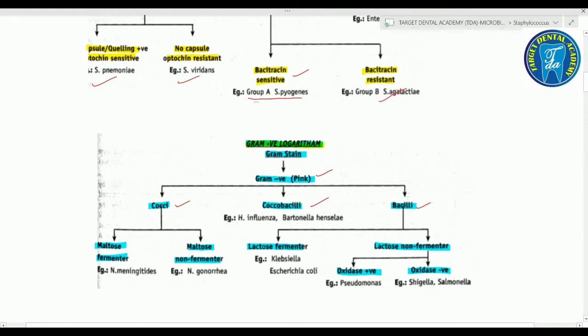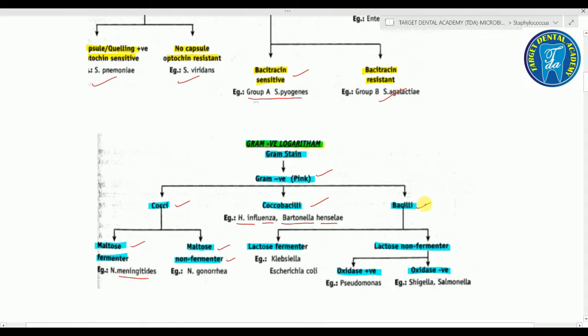The cocci are of two types, the maltose fermenter and the maltose non-fermenter. The example of maltose fermenter is Neisseria meningitidis, while the example of maltose non-fermenter is Neisseria gonorrhoeae. Examples of the cocobacilli are H. influenzae and Bartonella henselae.